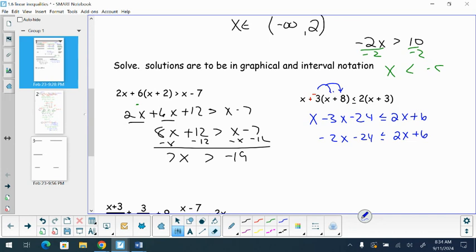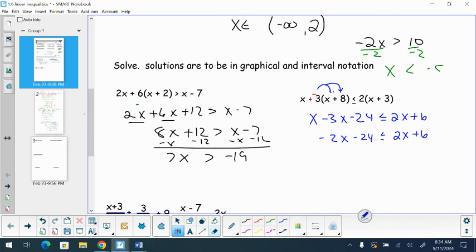And I give you time to work in front of me. You need to work ahead of me, not copy down what I have up here. You need to work on distributing out and remembering your negative signs.